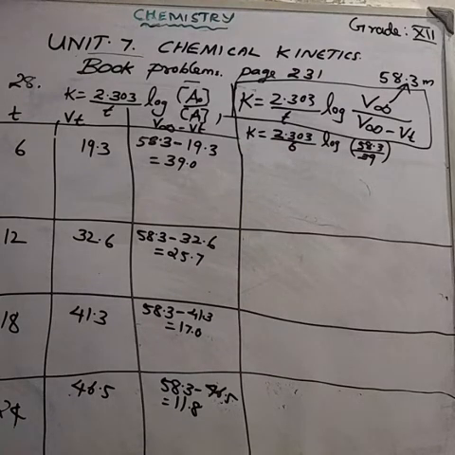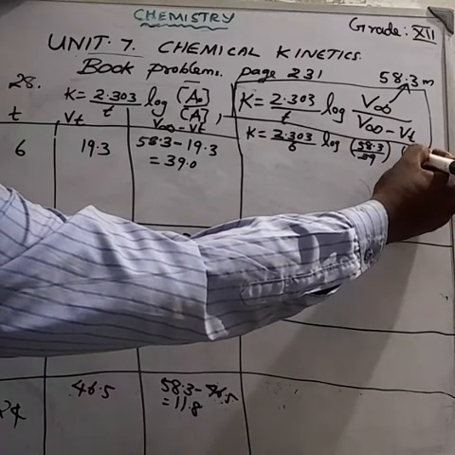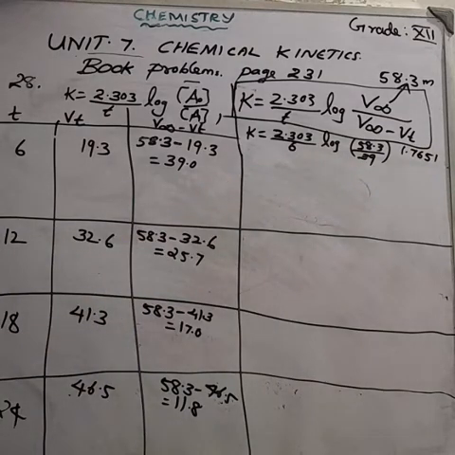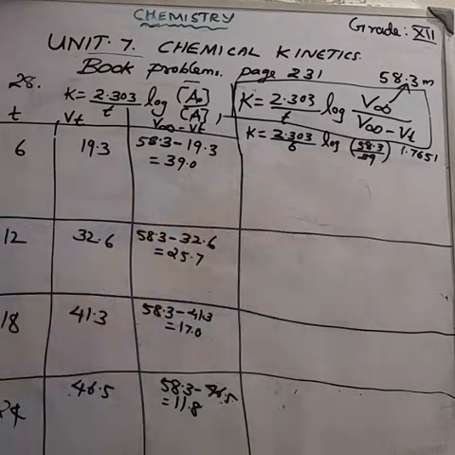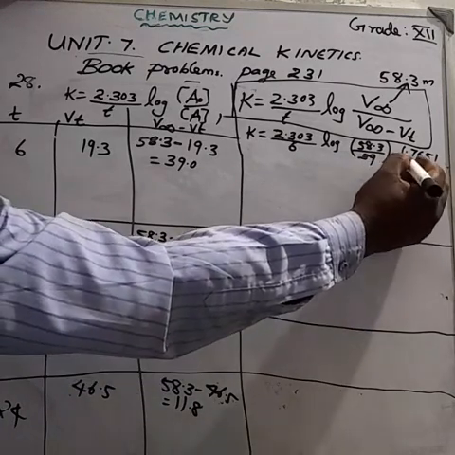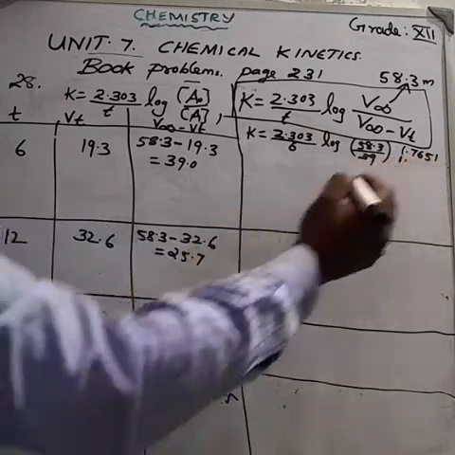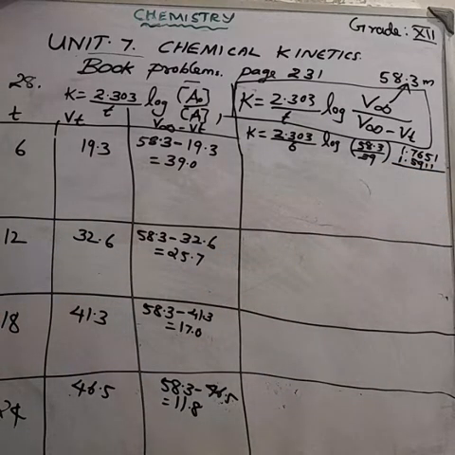The log of 58.3 is 1.7657, and the log of 39 is 1.5911. Since this is a division, we subtract.